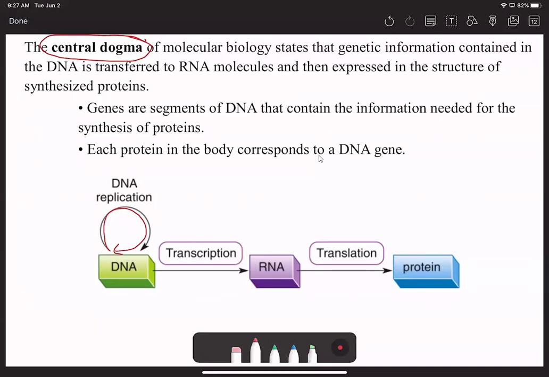DNA can replicate and make more DNA. DNA can make RNA, and RNA makes proteins, right? So, when your biology instructor goes off on a tangent for 3 hours on the central dogma, just remember in your head: DNA makes DNA, DNA makes RNA, and RNA makes proteins, and you understand the central dogma.